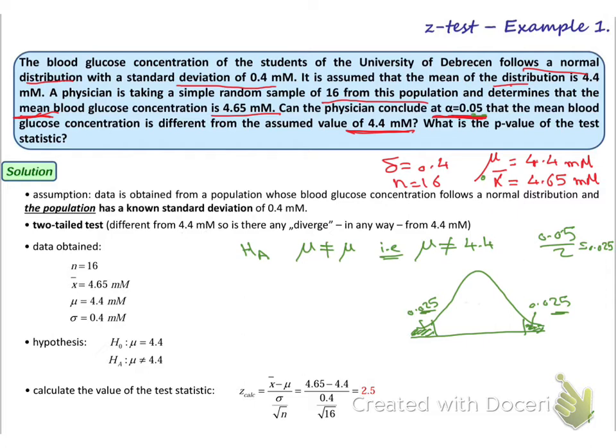This is the area, this is not Z, this is the area. This percentage, which is 2.5% from each side, is the area inside, the probability.